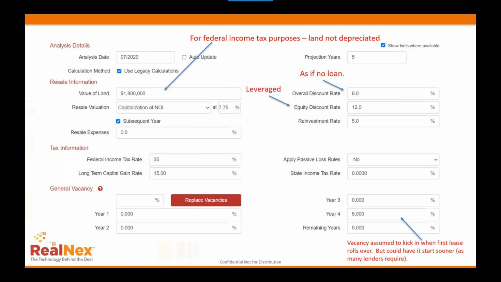And then I talked about that reinvestment rate. If you want to also see what the adjusted or modified rate of return would be, the idea is that with cash flows coming off the property, maybe I can only reinvest those at 5% because I can't take the cash flows and go out and buy another property that's going to earn me 8% or more. So I'm going to be a little bit more conservative on how I can reinvest the cash flows.